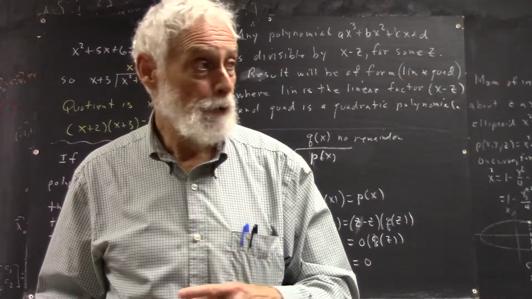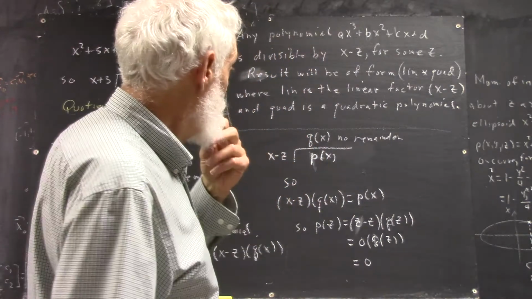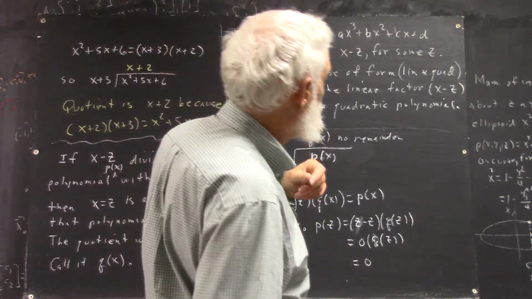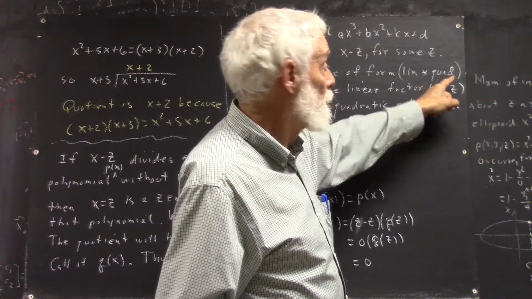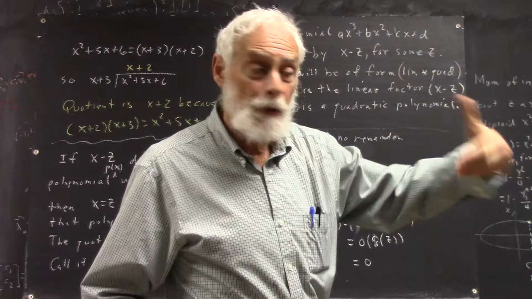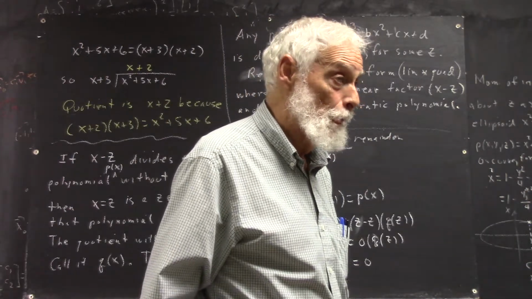If it does have zeros, that means it can be factored. Okay? If you divide that quadratic by x minus one of its zeros, you'll get an x minus another zero. Okay?